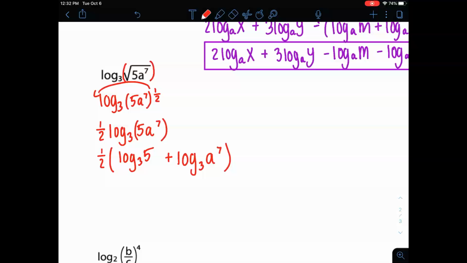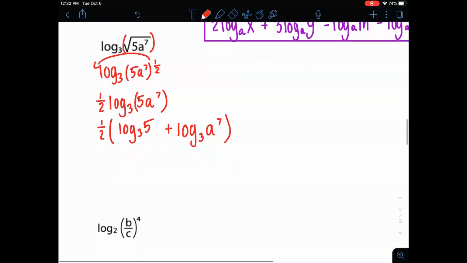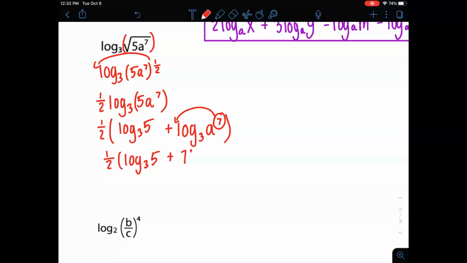One more step here before we address this coefficient out in front. I have an a to the 7th, so again, I can do my power rule and bring that out front. So I have 1/2 of, I'm not touching that first logarithm, plus 7 log 3 of a.